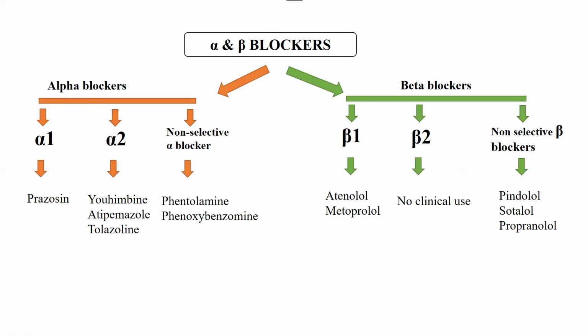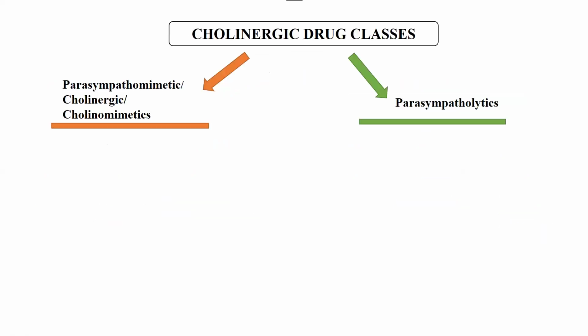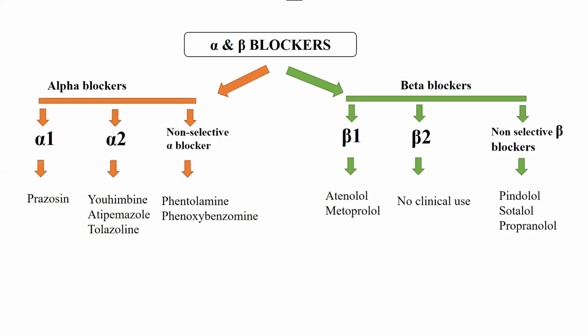So up till now we have seen the alpha and beta blockers and drugs. Next we have another category, cholinergic drugs. These are not that important; clinically they do have very important functions, but up till now we have talked about the majorly used drugs.